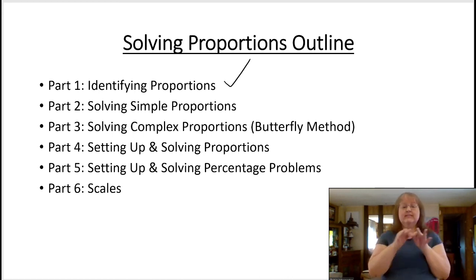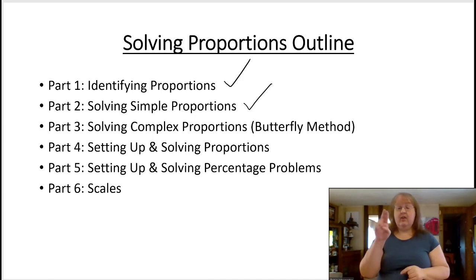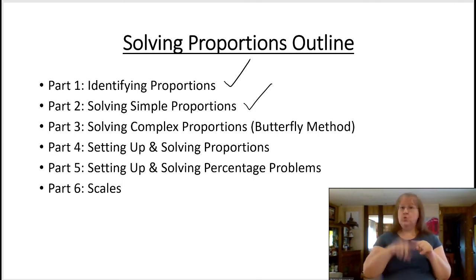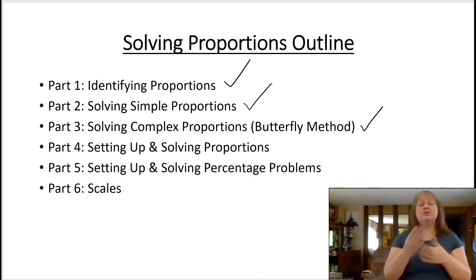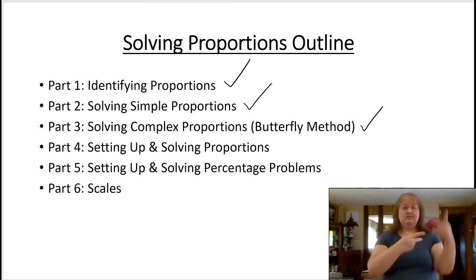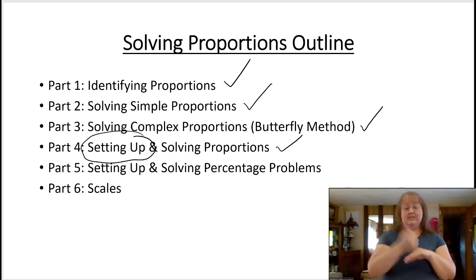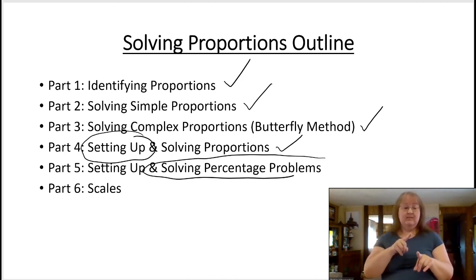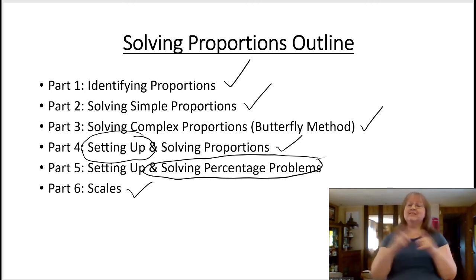Then we solved simple proportions, where you had a missing value and had to see if you could multiply or divide by something to get to the number across. And then we had some proportions where you couldn't multiply or divide easily, so you had to use a butterfly method. Then we learned how to set up some proportions to solve. Then we set up proportions to solve percentage problems. And then we used proportions for scales.